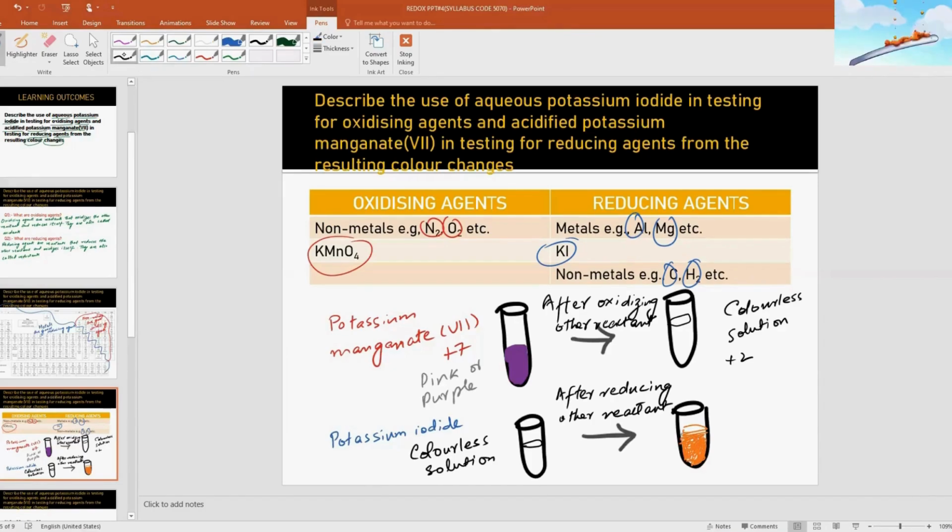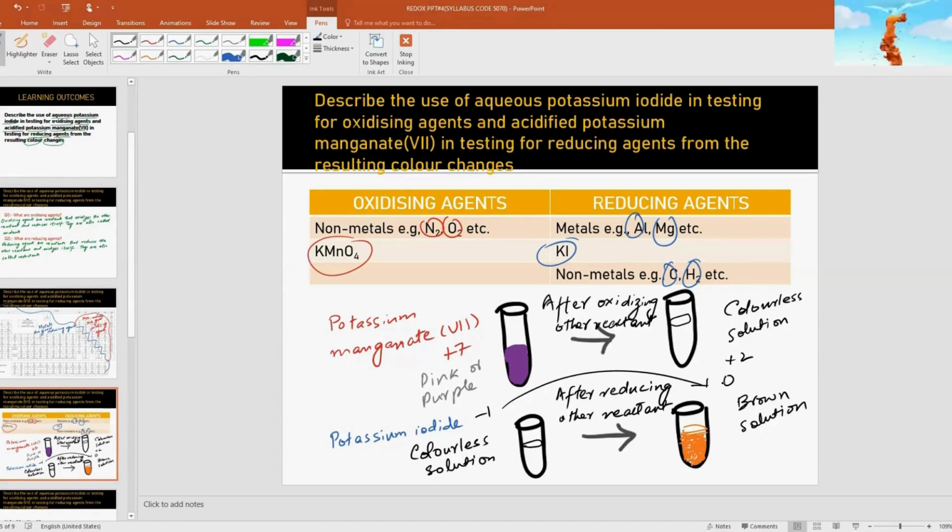So right here, brown solution. Here the charge on the iodide ion in potassium iodide is -1. It will change to 0. Iodine belongs to group 7. If you don't know where these charges are coming from, then watch my videos for ionic bonding. This test is used to confirm the presence of an oxidizing agent in a reaction mixture.